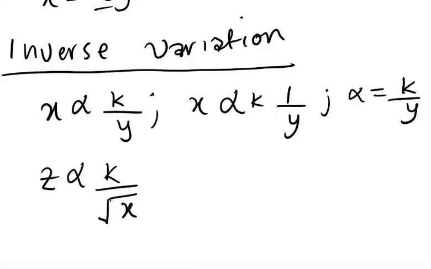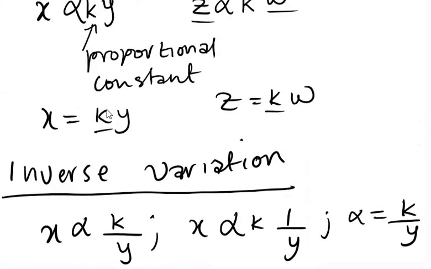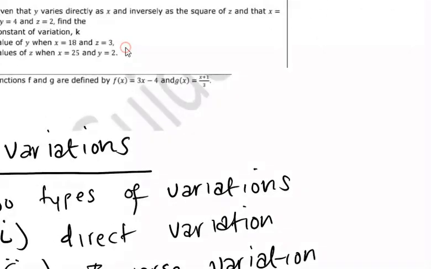In a simple form, z equals k over square root of x. So inverse, you are dividing the k, but in direct proportion, you are multiplying the k to the variable. That's basically what this topic is all about.